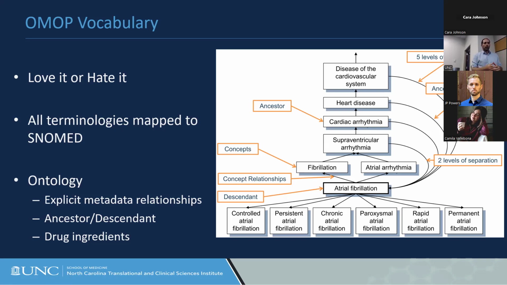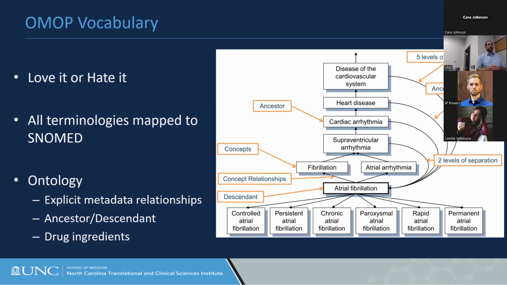But it basically requires explicit knowledge about the way the codes map to each other. So if you understand the ontology of OMOP, you can get away with knowing a lot less specifically about the individual concepts that the source codes are mapped onto.